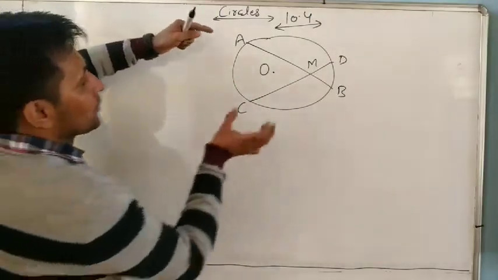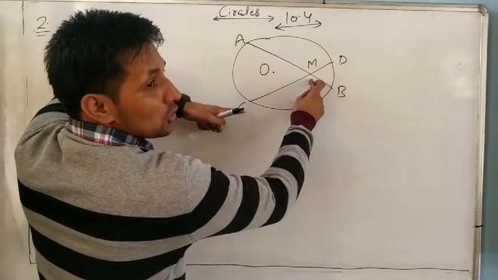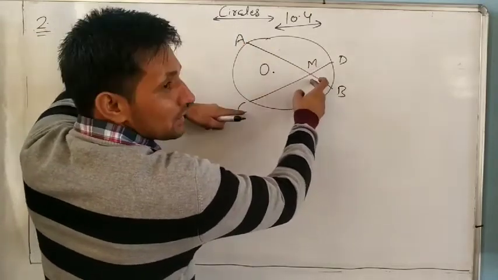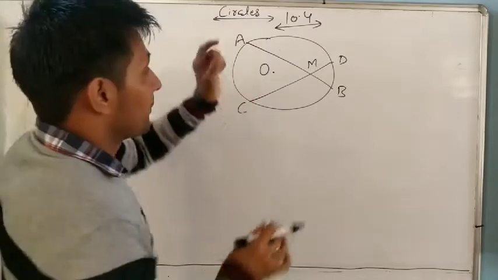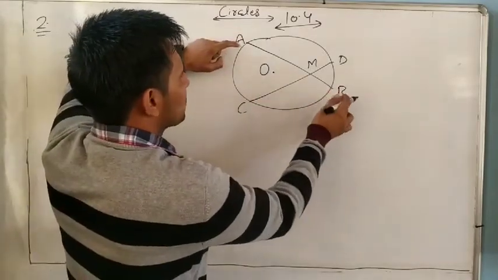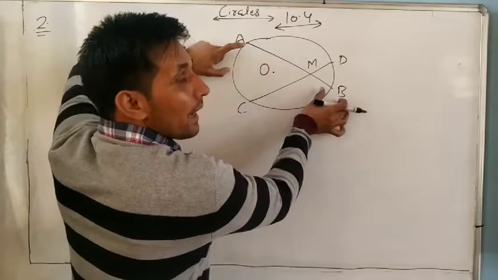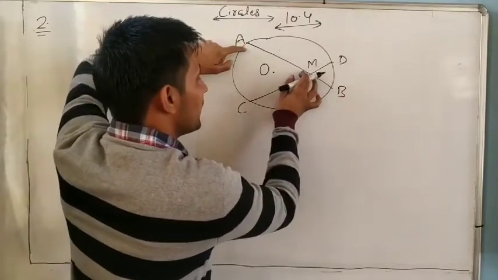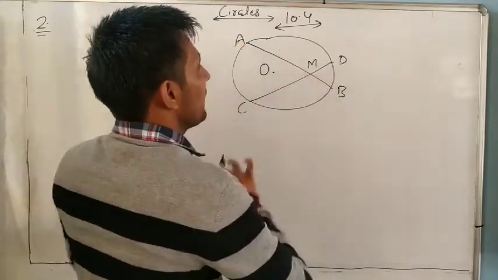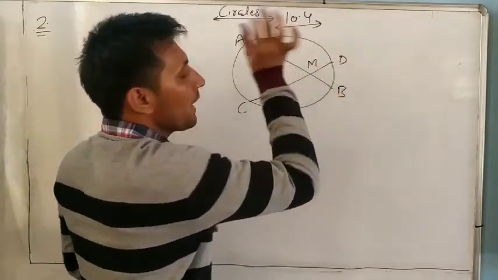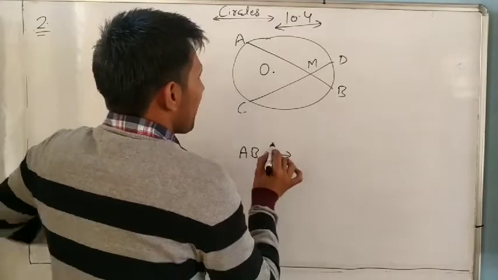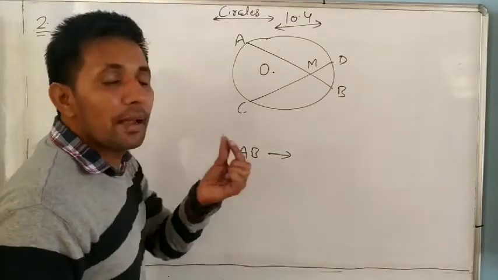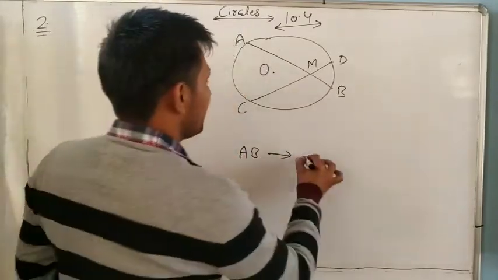We have to prove that the corresponding parts AM and CM correspond, because this one is bigger and this one is also bigger. The segments of the first chord AB are AM and MB, and the segments of chord CD are CM and MD. Corresponding means the ones on the same side.